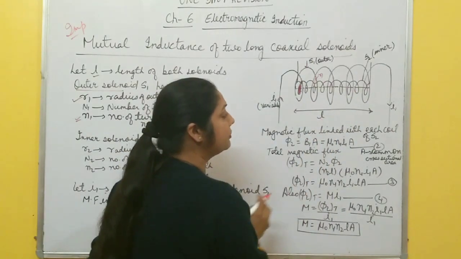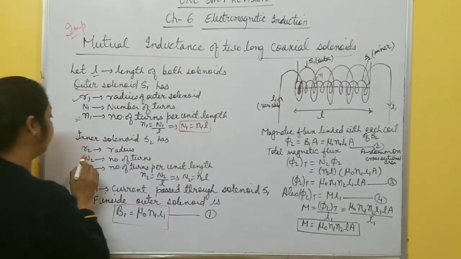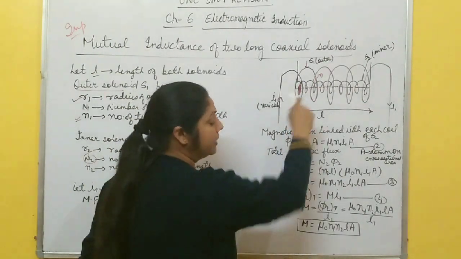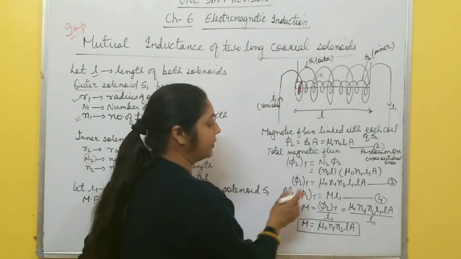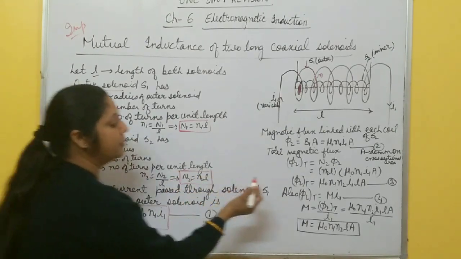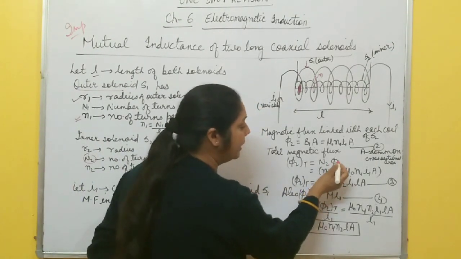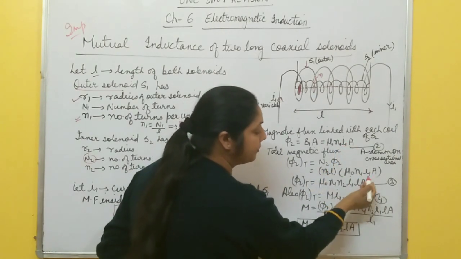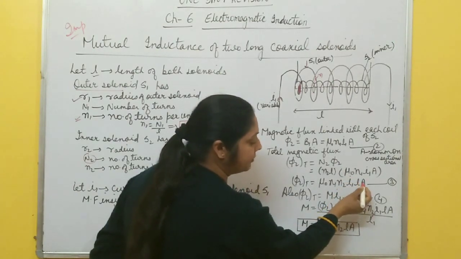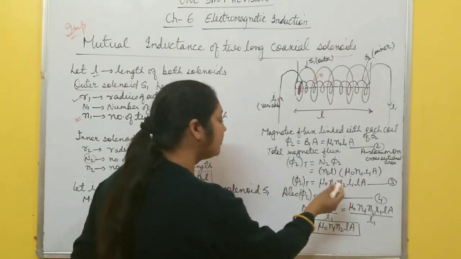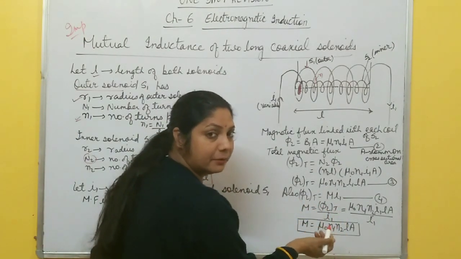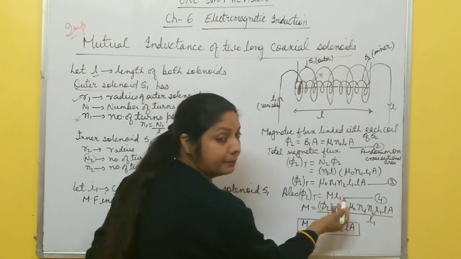Now how many total coils are there? N2 number of total turns. So the total magnetic flux linked with the inner solenoid is N2 into phi 2, right? And N2 is n2 into L. So you put N2 as small n2 into L, and phi 2 as mu naught n1 I1 A. Now this becomes mu naught n1 n2 I1 L into A. Also, you know that total magnetic flux is proportional to the current passing in the primary coil, so it is equal to M I1.